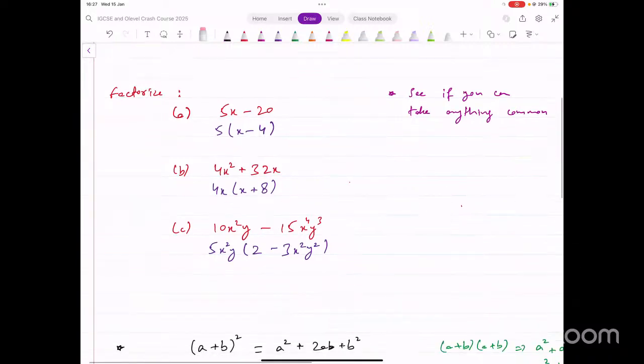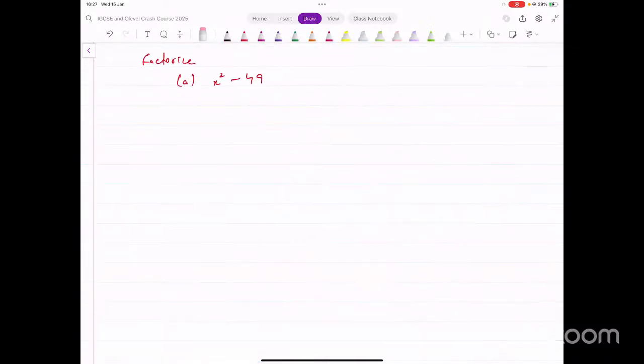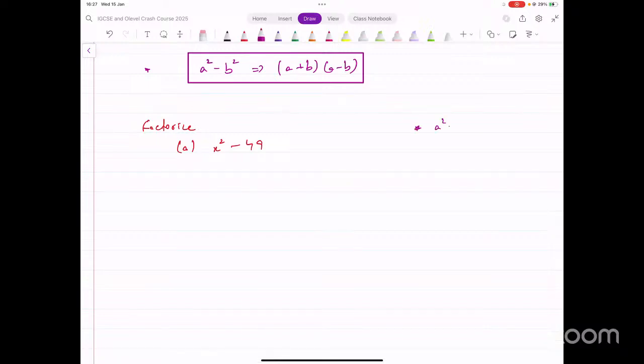Okay, so that's the first thing that you think of generally when you're factorizing, that can you take anything common? If you can't, then think about this identity. What does this identity say? If you have anything of this form, a squared minus b squared, you can write that as a plus b into a minus b, right?